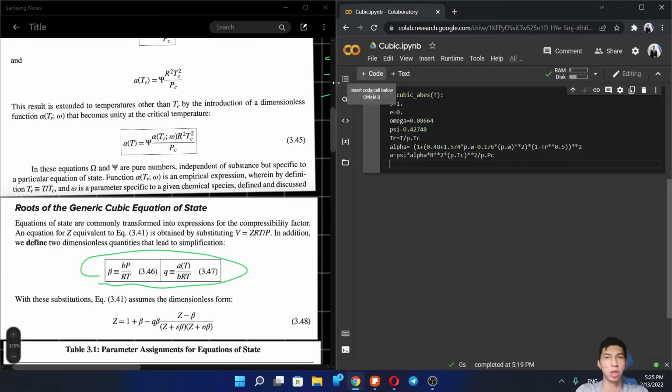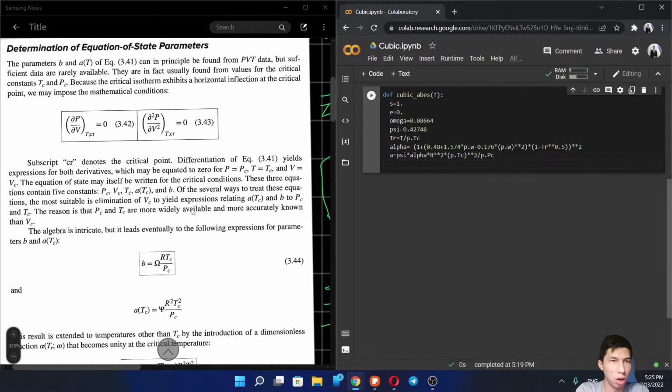Okay, so we already wrote down our equation for alpha. Now let's move on to B. If we look down here, we can see the equation for our B from the textbook. It's going to be omega multiplied by R multiplied by critical temperature divided by critical pressure, right?